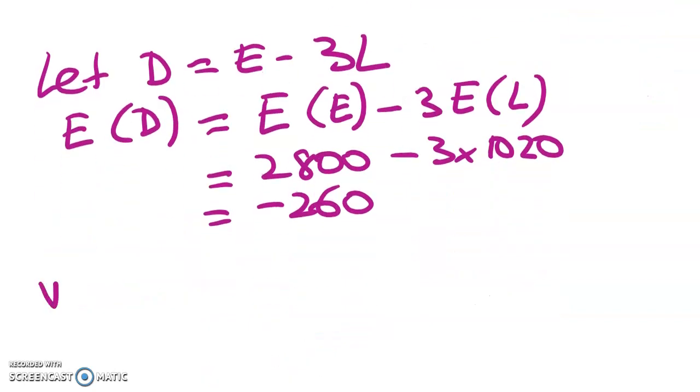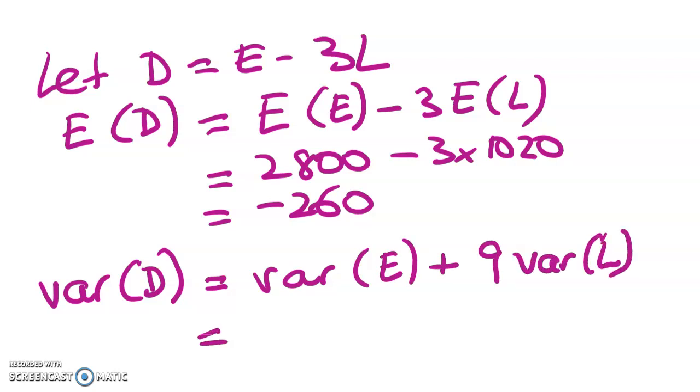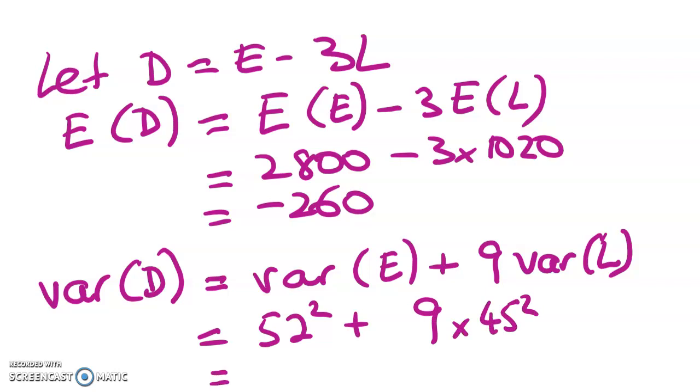Now we can get the variance of it. The variance is going to be the variance of E plus 9 times the variance of L. That works out to be 52 squared plus 9 times 45 squared, giving me 20,929.